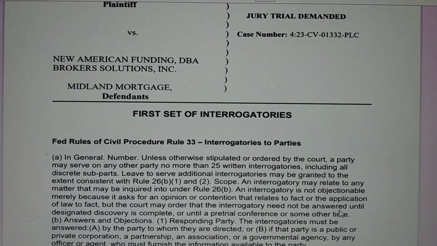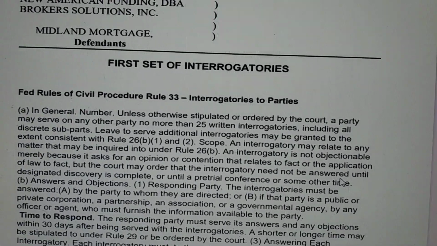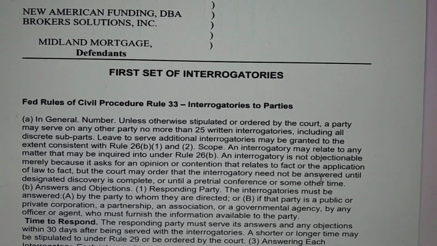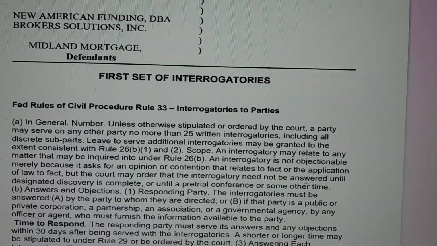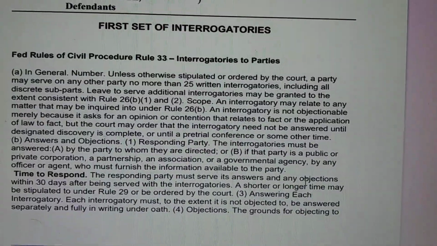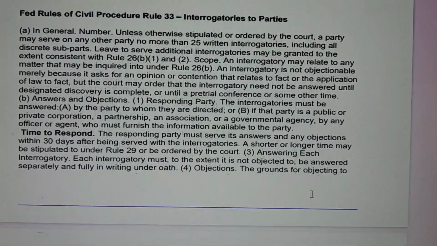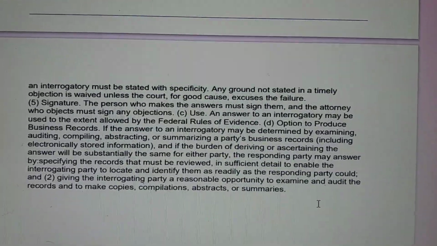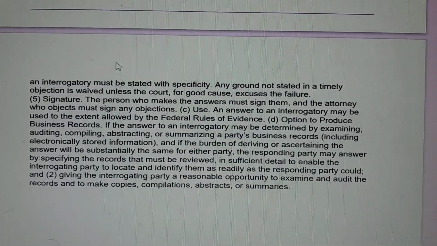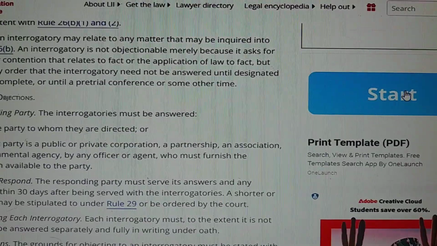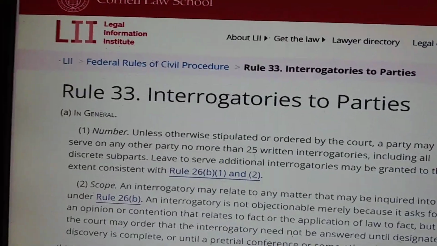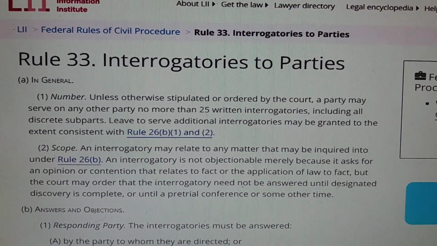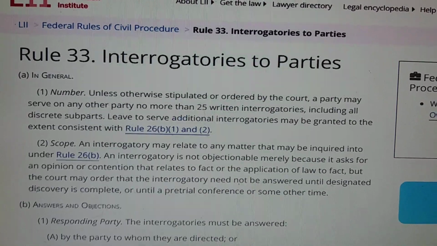And it says, per rules of civil procedure. I like to put that in there so that they understand that they have to follow the Federal Rules of Civil Procedure and answer these questions. As far as interrogatories go, you can look up Rule 33 about interrogatories to parties, and it tells you.